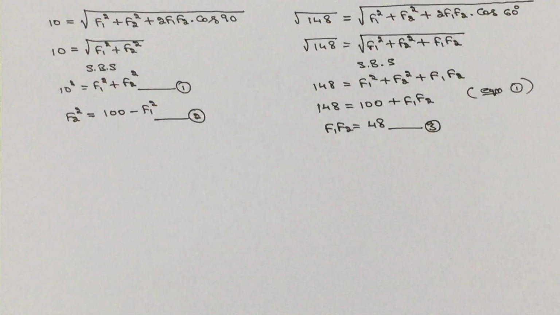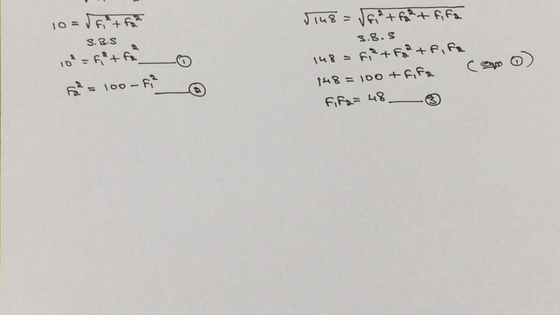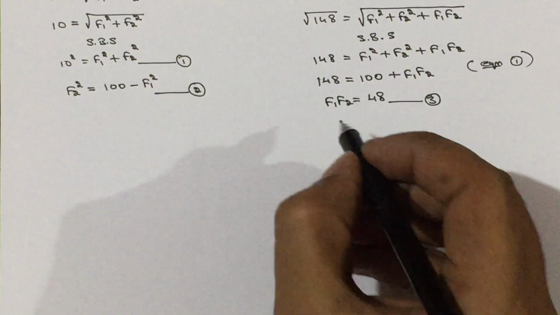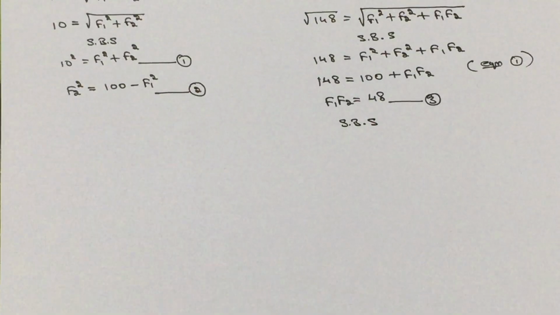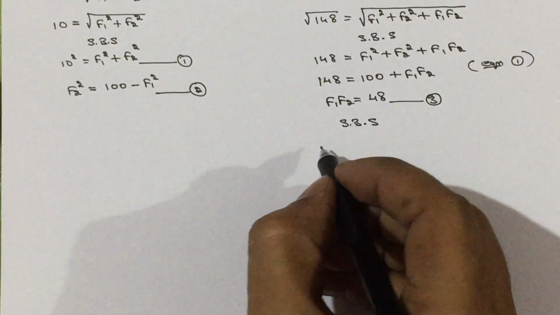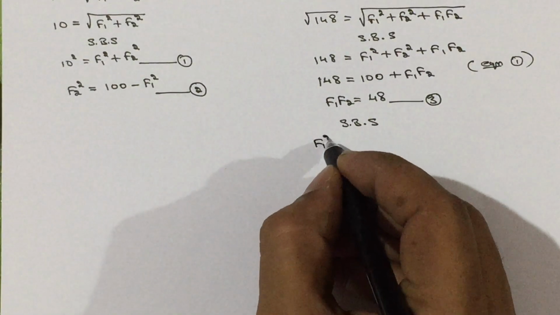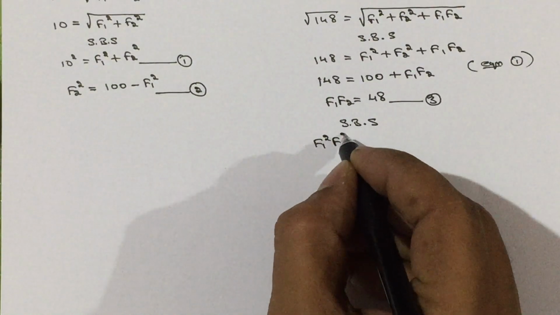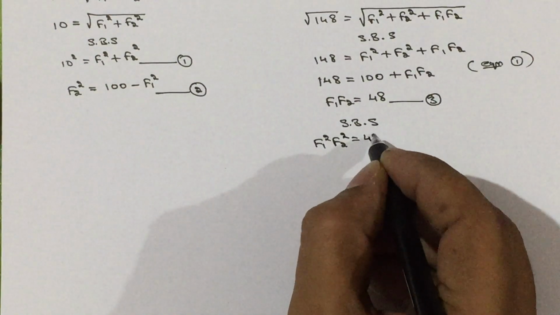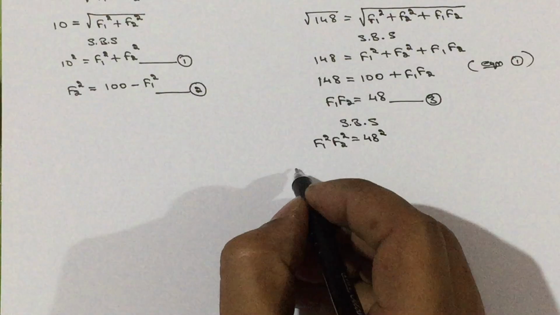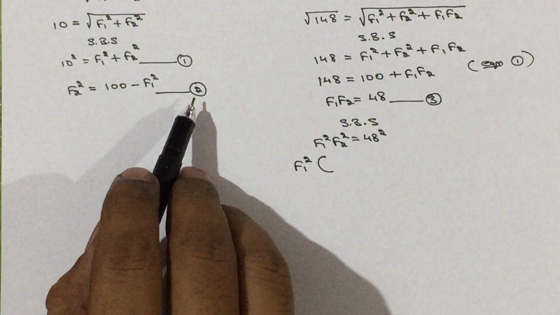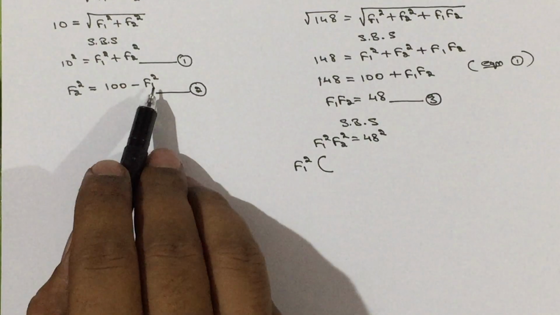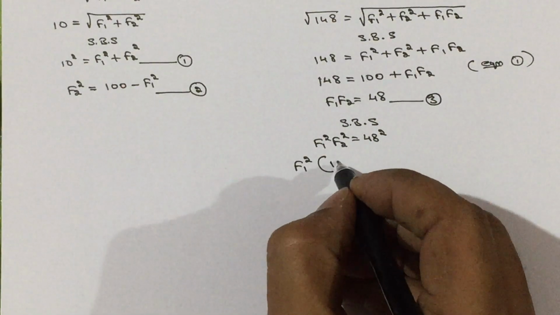So, we are going to square on both the sides. Squaring on both the sides, we are going to get F1 square F2 square equal to 48 square. From equation 2, we have F2 square is equal to 100 minus F1 square. So, write it.